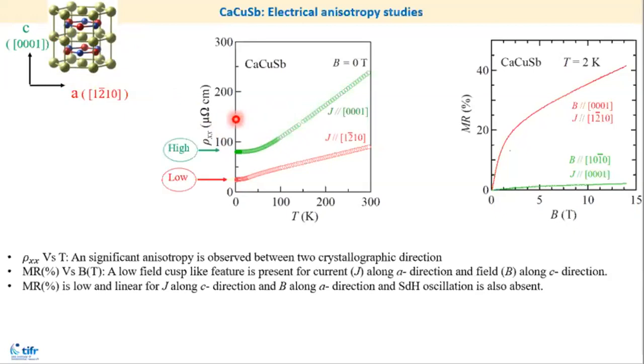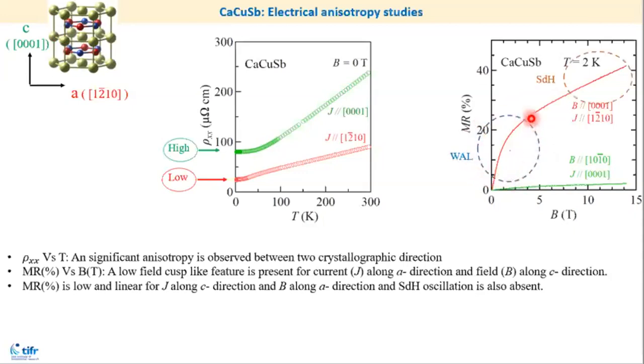If you look at the magnetoresistance data, for the first case we measured the electric resistivity with current along the A direction and field along the C direction, and we got the magnetoresistance like this. Again, it has a cusp-like behavior at low magnetic field.